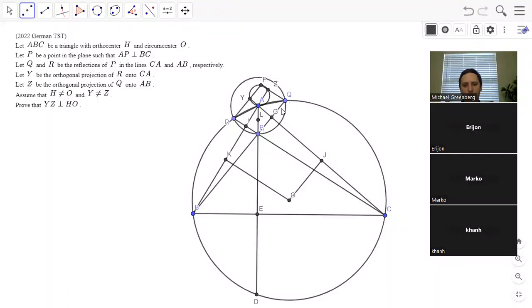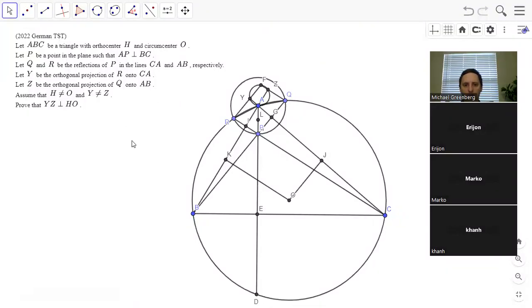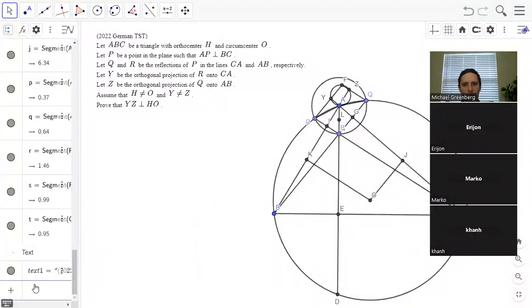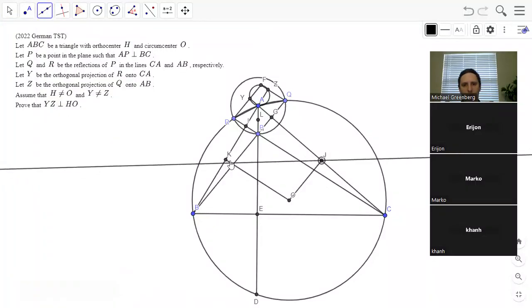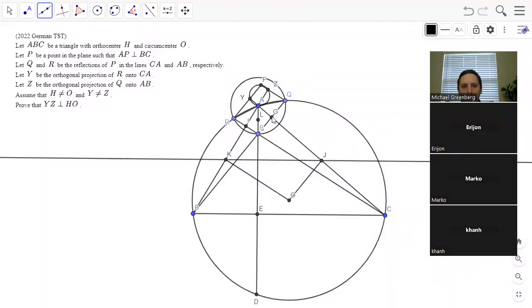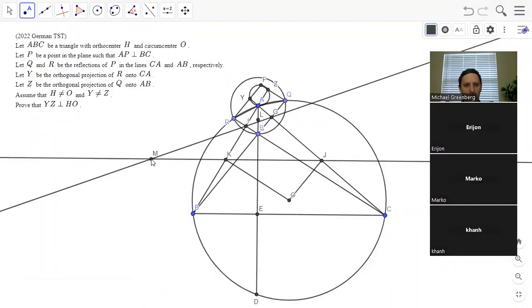So, orthocenter AIG. We could. Let's see. Maybe you want to use a lemma about the Euler line. If you let the midline of triangle ABC with respect to A intersect IG at a point, then the line connecting A and that point is perpendicular to OH.